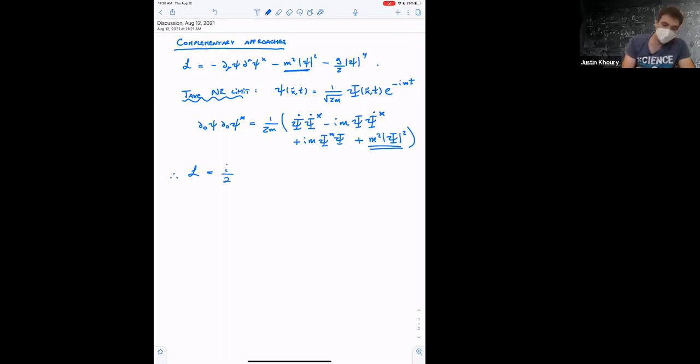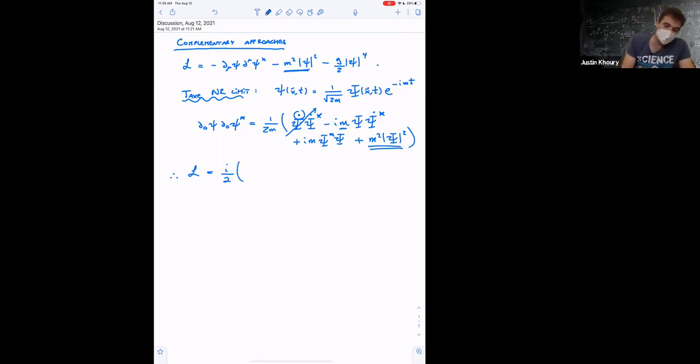When you feed it all in, and it's a nice exercise to do, you're left with the following non-relativistic Lagrangian. I forgot to say, in this non-relativistic approximation, we assume that the time derivatives of psi are negligible compared to the mass. So in particular, this term over here, which involves psi dot, is negligible compared to the m psi dot term. So you drop it, okay?